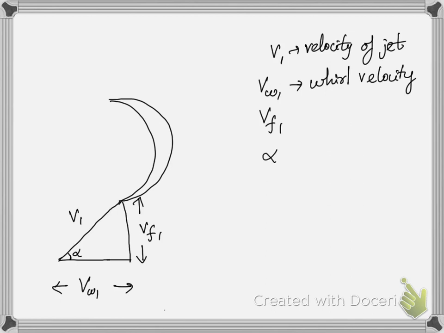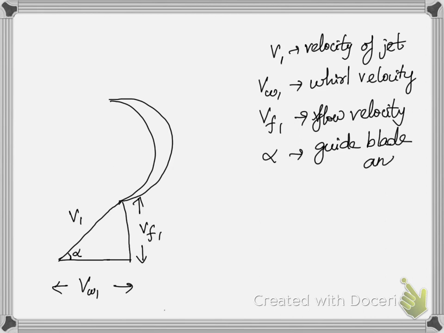Alpha is the guide blade angle, which is the angle between the direction of the jet and the direction of motion of the blade at inlet.